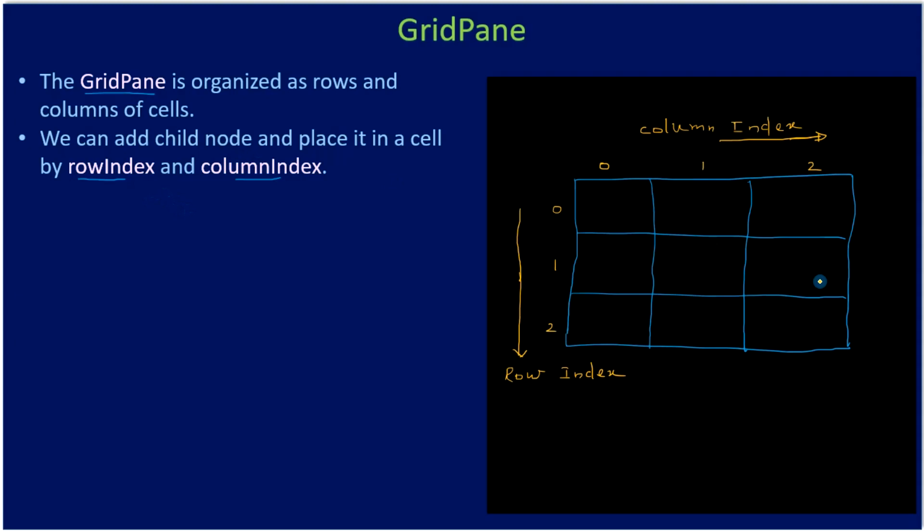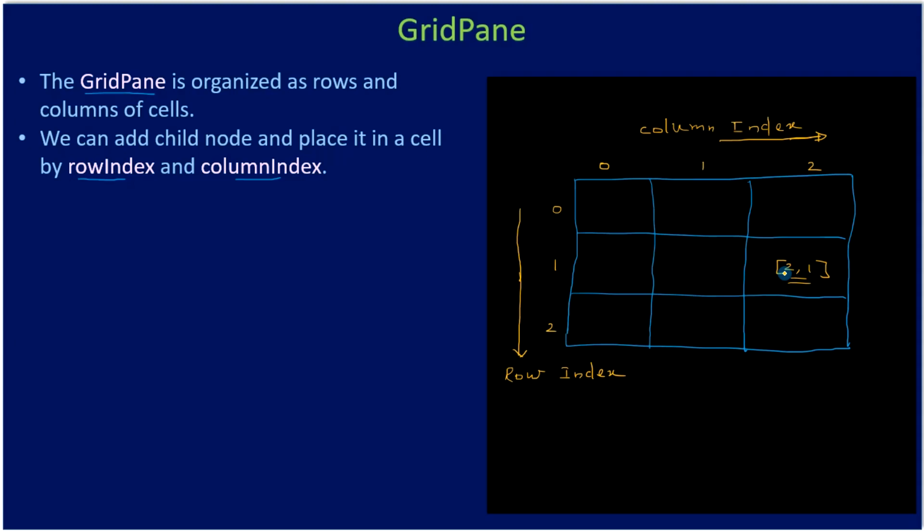So here, if you see, this is column index 2 and row index 1. Instead of specifying the row index first, the JavaFX functions usually give precedence to the column index. So you will specify the column index first, then the row index next.